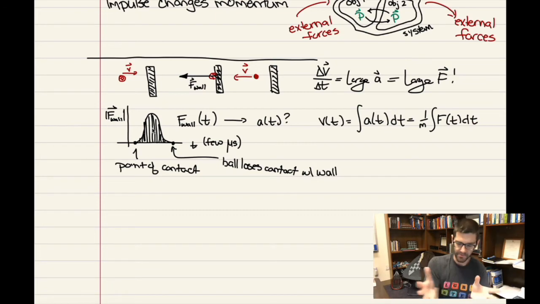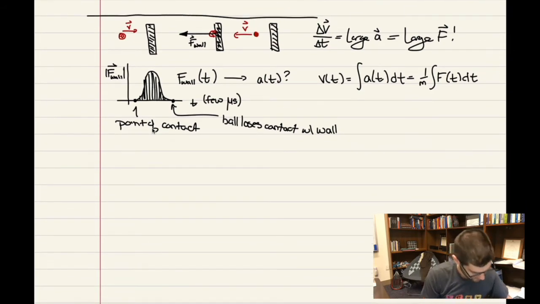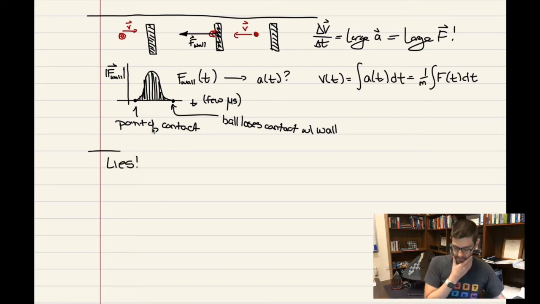You would have to do some sort of messy mathematical integral over the force over the span of those few microseconds in order to figure out the overall velocity of the object. And it could be done. But there are easier ways to do this.